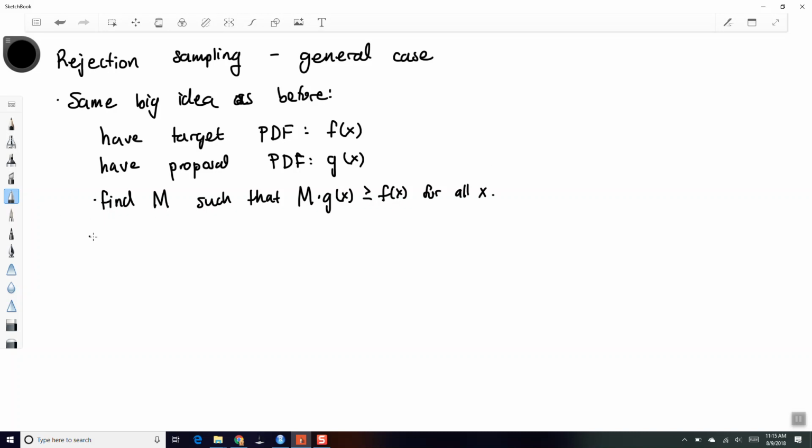Okay, and then you have a proposal value x, and you generate u.